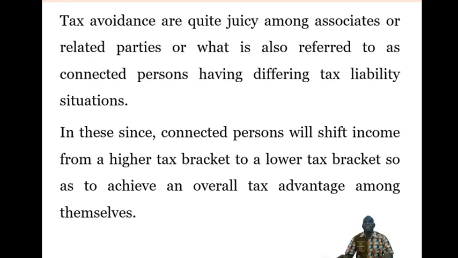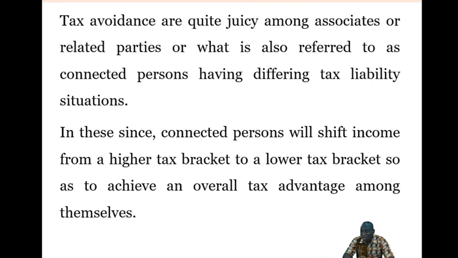So in this, connected persons will shift income from a higher tax bracket to a lower tax bracket so as to achieve an overall tax advantage among themselves. Now, when they say connected persons, who are connected persons? This question came in the ICA 2009 term, and students were asked who connected persons are for 20 marks.